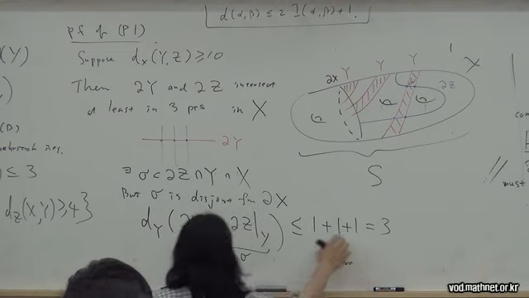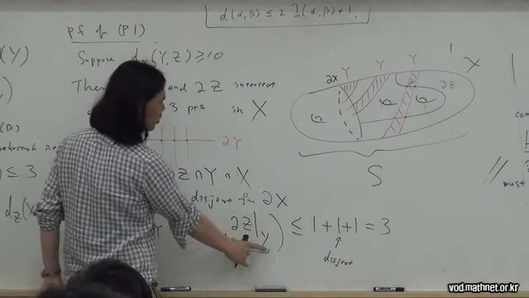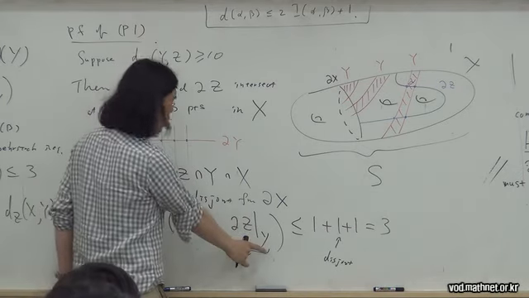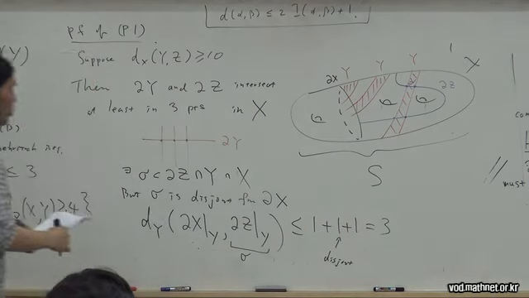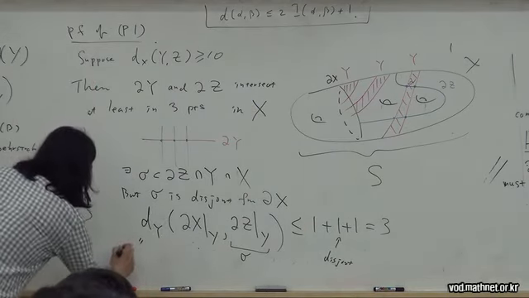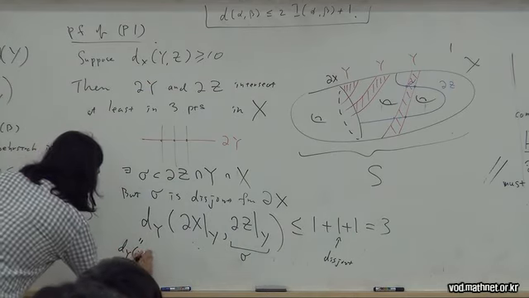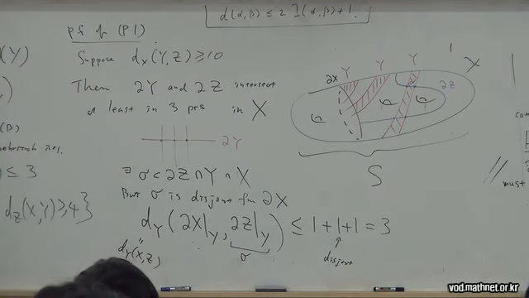And this 1 plus 1 is because the diameter of this one is at most 1, and the diameter of this one is at most 1. So that's why 1 plus 1 plus 1 is at most 3. Okay? So in this way, d_Y(X, Z) is at most 3. So I proved this.